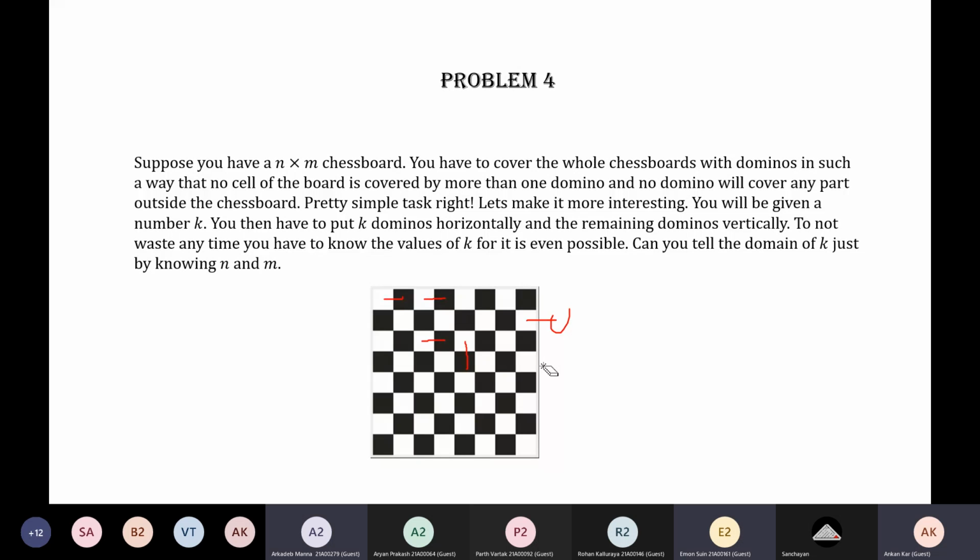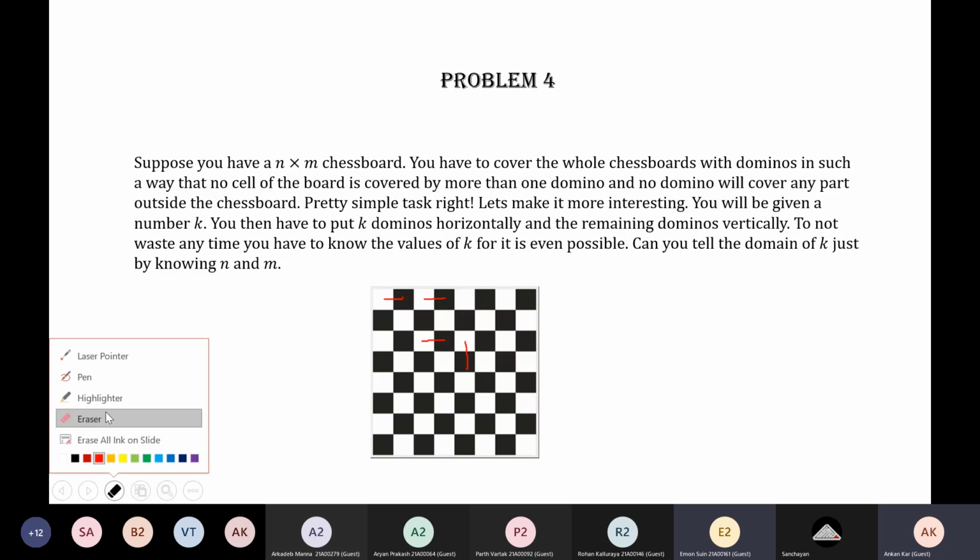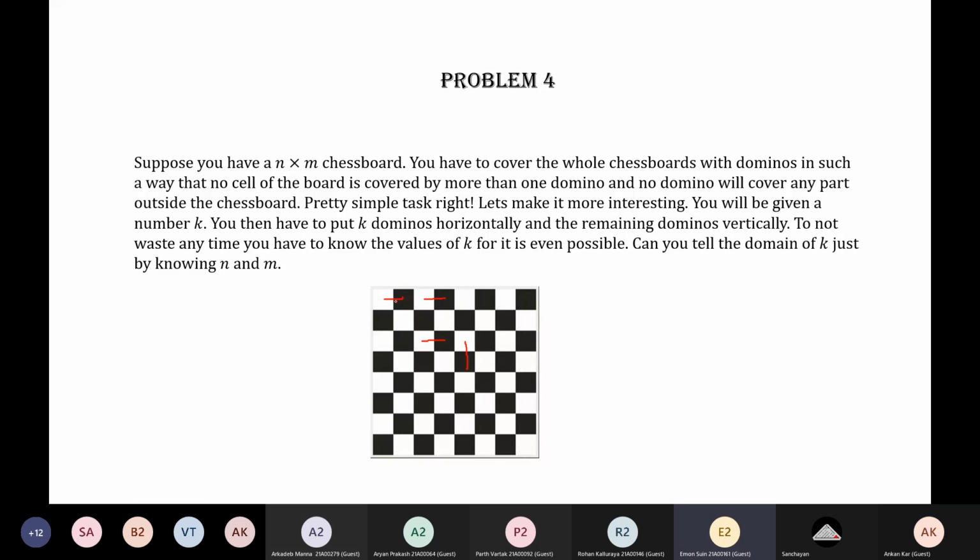What is the dimension of the dominoes? Dominoes are 2 comma 1. It's two by one, like this, I will just draw. It will take only 2 cells, either horizontally or vertically.